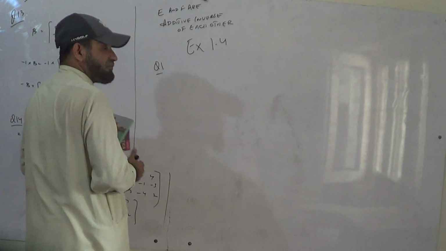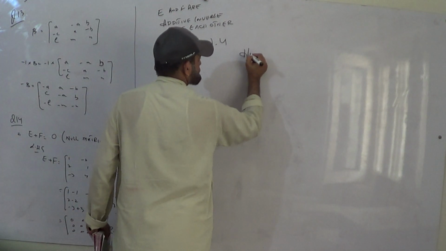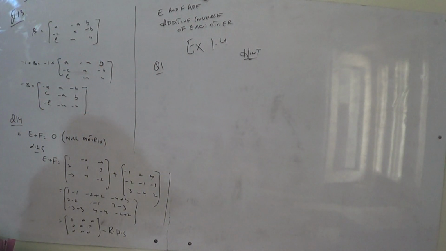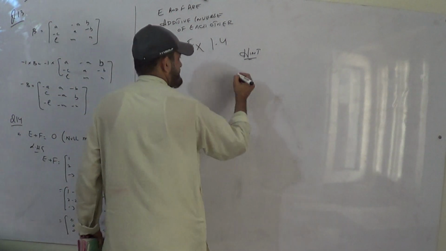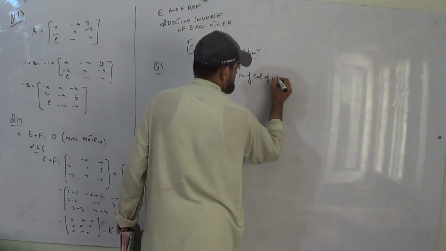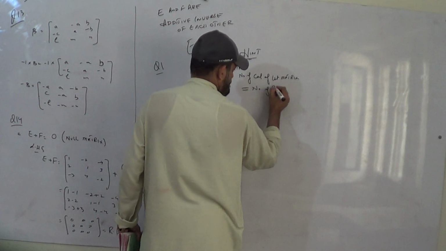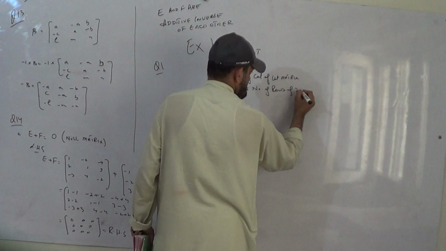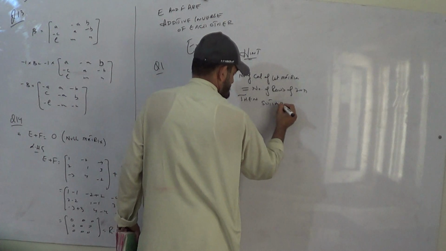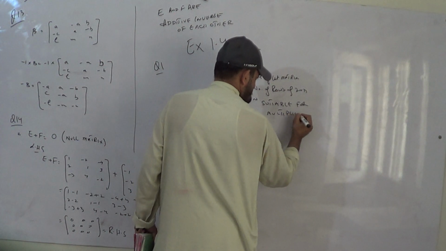Question number 1. Before starting question number 1, I give you a hint. If the number of columns of the first matrix is equal to the number of rows of the second, then they are suitable for multiplication.